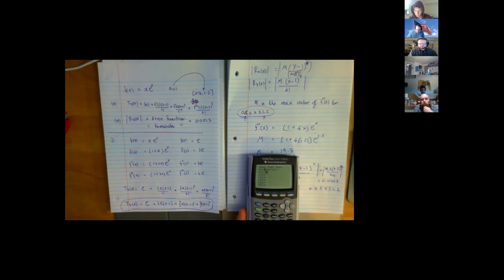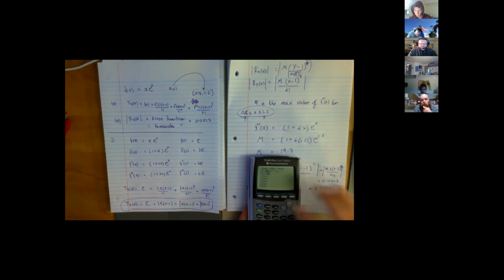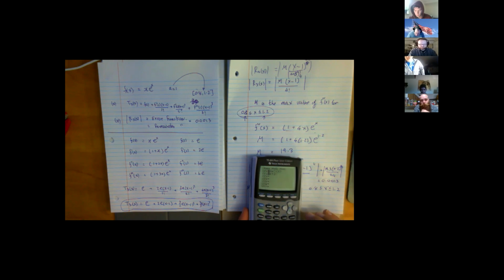Now, this one's going to take me a little bit of time, so hopefully I don't screw up too much. There's E. And then I'm going to add 2E brackets X minus 1. And then I'm going to add 3 halves, which I'm just going to call 1.5 because it's less work, E to the X, take away 1 squared.